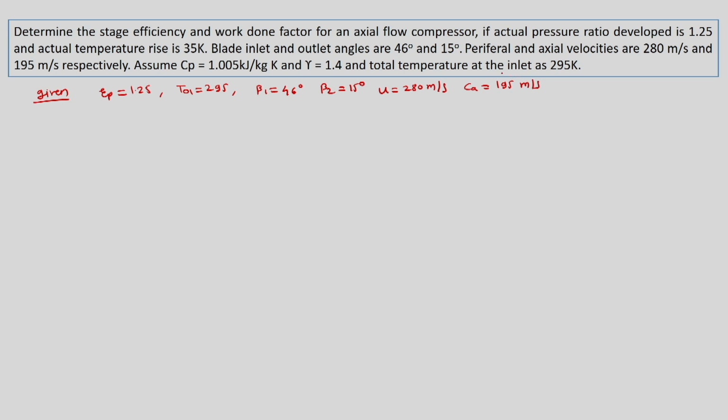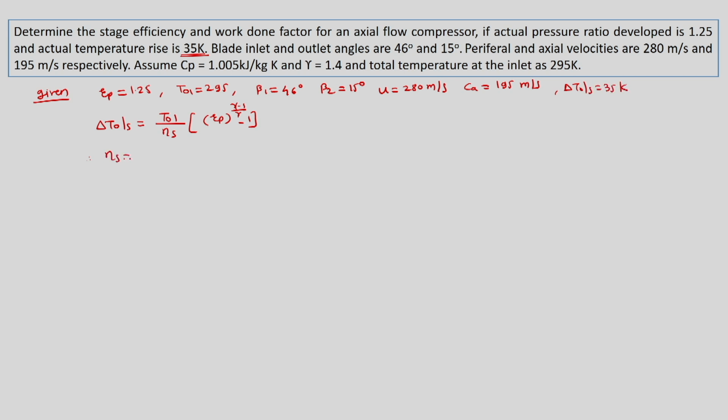Having said this, we can find out the stage temperature rise, basically using the formula which is delta T01 upon stage efficiency or compressor efficiency into Rp raised to gamma minus 1 upon gamma minus 1. Here we are given the stage temperature rise as 35 Kelvin, that is also given.